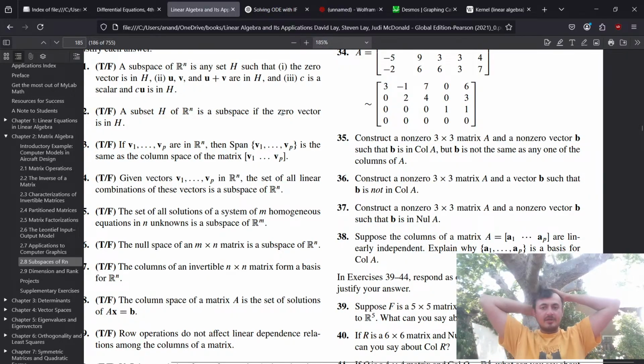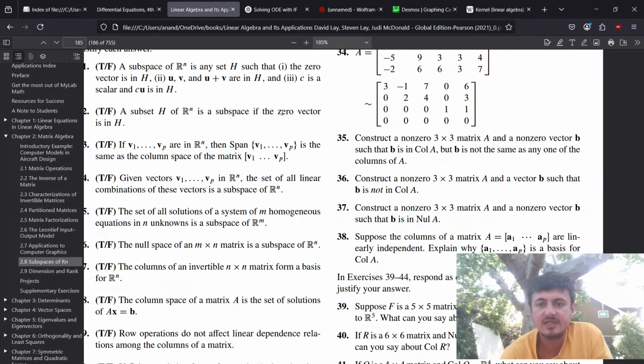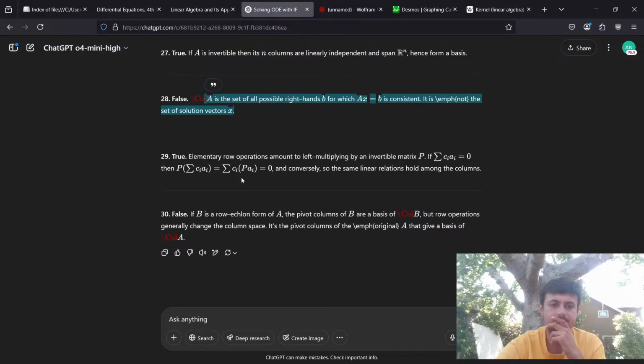Construct a non-zero 3x3 matrix A and a non-zero vector B, such that B is in the column space. Is one C dot plus I, where C and R and I, the identity, always independent?